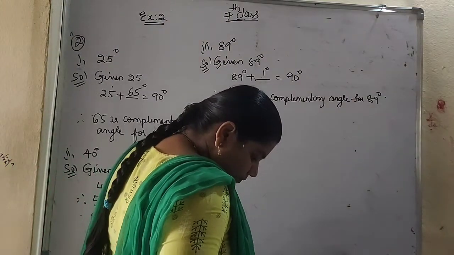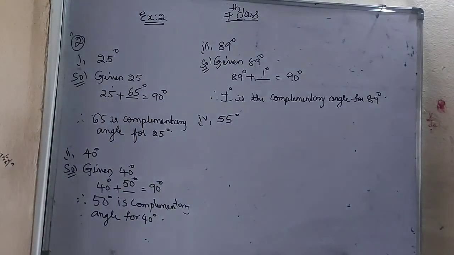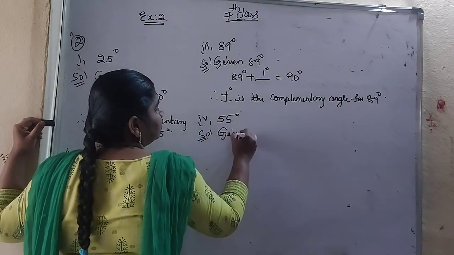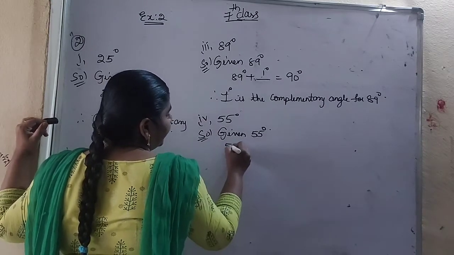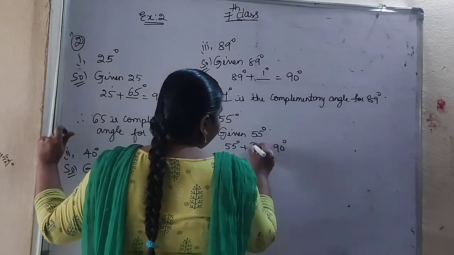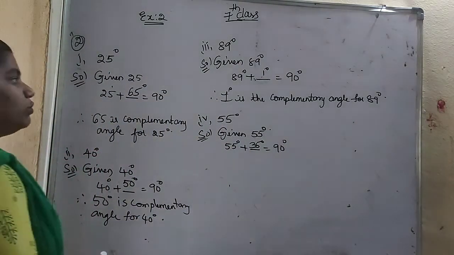Fourth one is 55 degrees. For this 55, how much do you have to add to get 90? That is equal to 35. So 55 plus 35 is equal to 90.